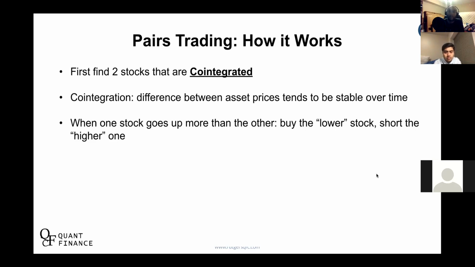Now, it's possible that both stocks will rally. So the stock that you shorted, you're going to lose some money off of that. But if these stocks keep this equilibrium between themselves, which we are statistically confident they will, the amount that the lower stock goes up should more than make up for the losses you sustain from your higher stock.